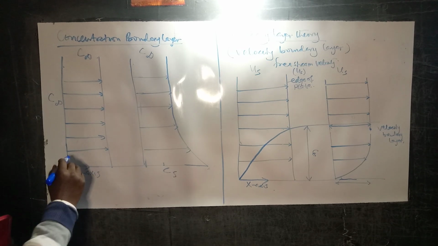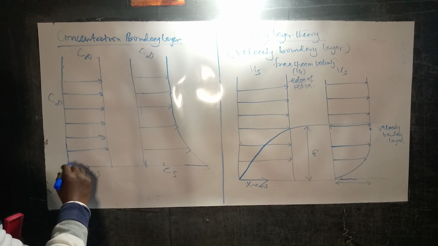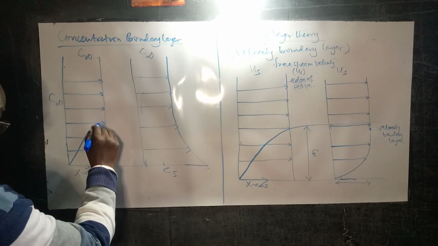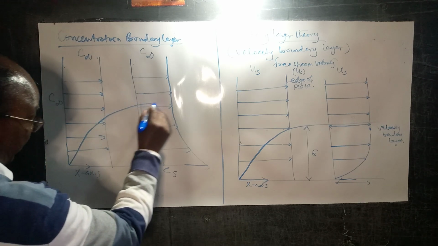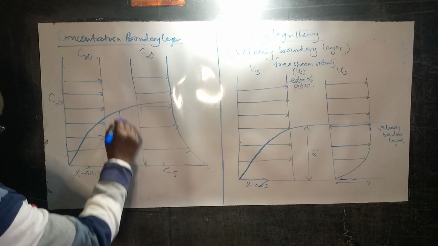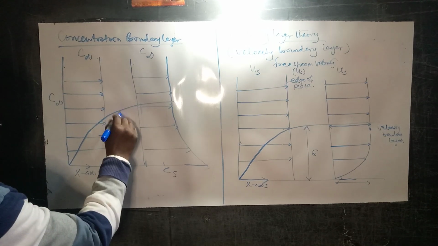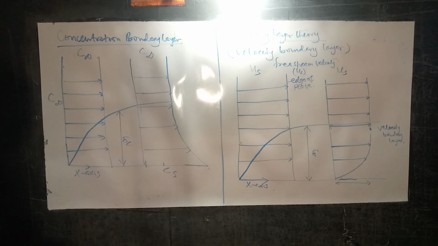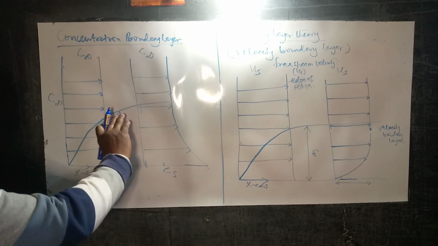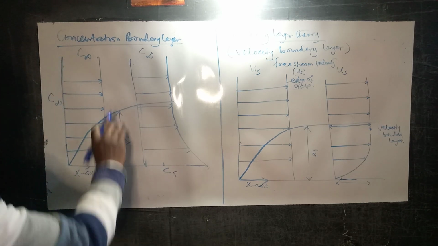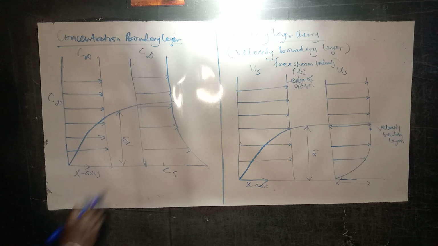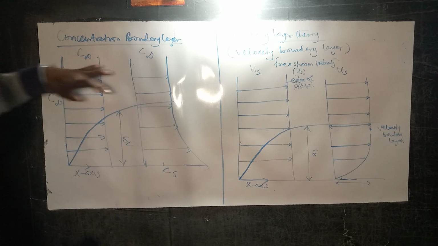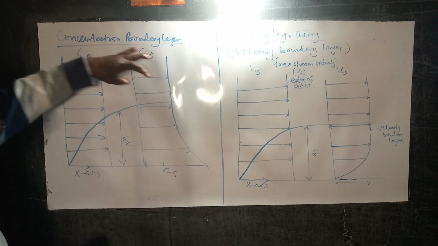So again, the boundary for concentration with that sigma c, the thickness of the concentration boundary, will be sigma c. Again, the velocities we're assuming are about the same.